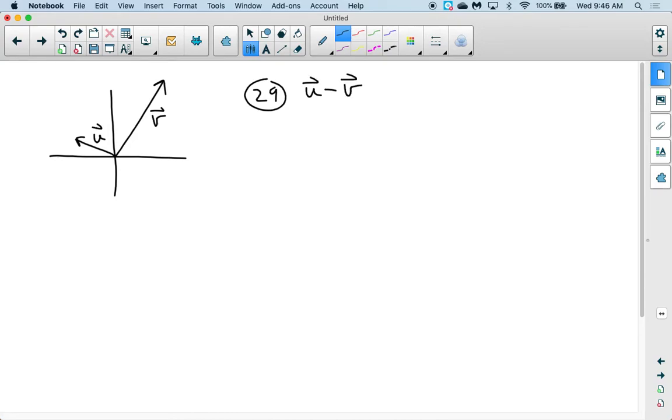Well, there's a couple ways to think about u minus v. One of the ways is to consider this as being equal to u plus negative v. And that's very consistent with how you learned subtraction when you first were learning about it.